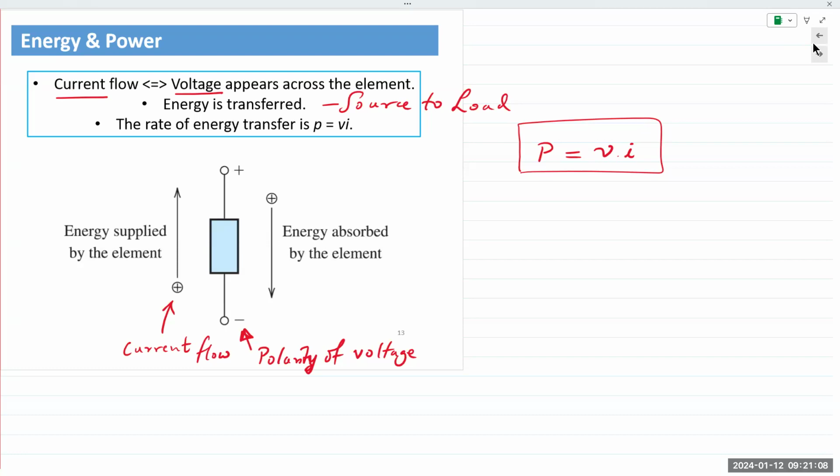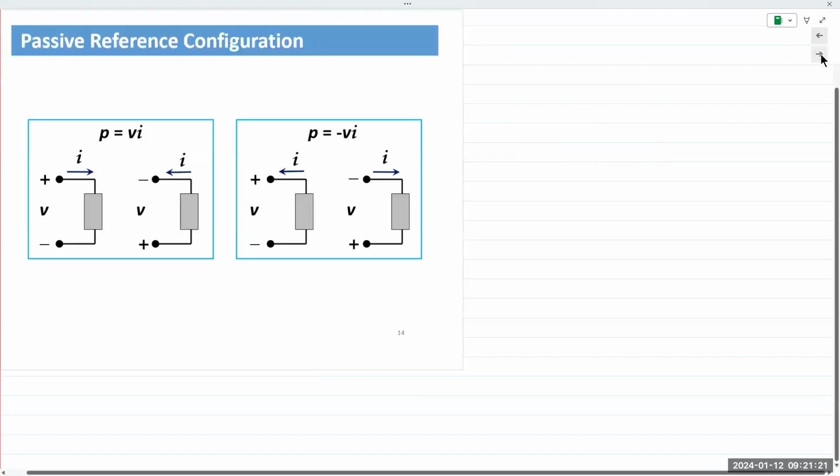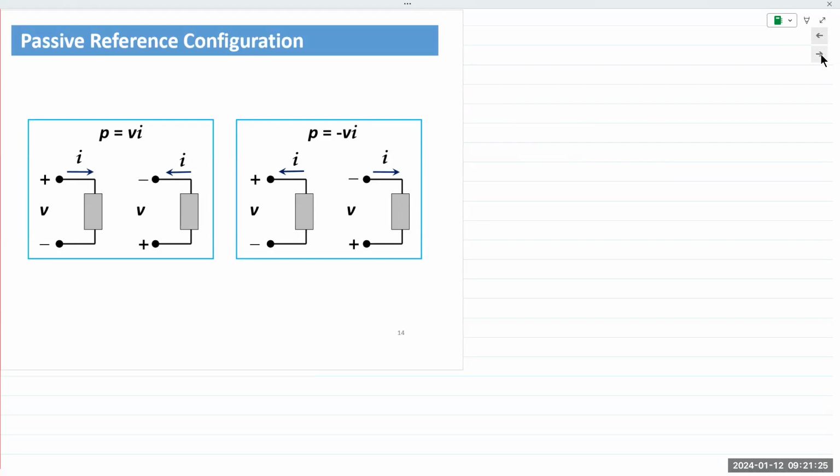All right, so energy is supplied if the current goes from the negative end of the voltage polarity to the positive end, and it is absorbed if it goes from positive to negative. Passive reference configuration. Again, this is just simply showing you what equation you would choose if the current enters the positive or the negative terminals.